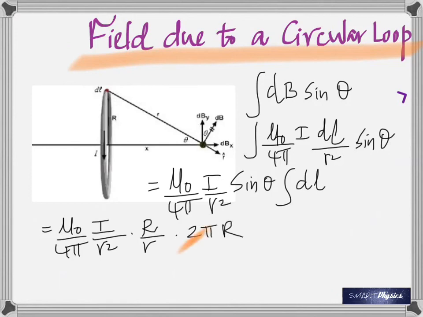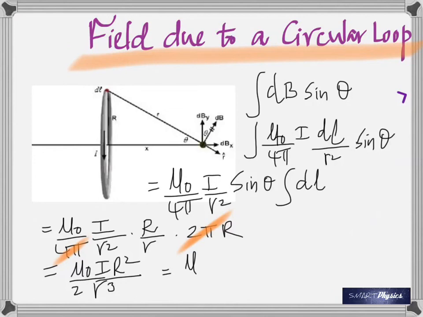Yes. And what's integral dl? Okay. Cancel whatever you can. And you see the r cube there? Do you see the r cube coming up? And from that right angle triangle, can't you say that small r squared is equal to R squared plus x squared? Come on. In a right angle triangle, hypotenuse squared is equal to the sum of the squares on the two sides.